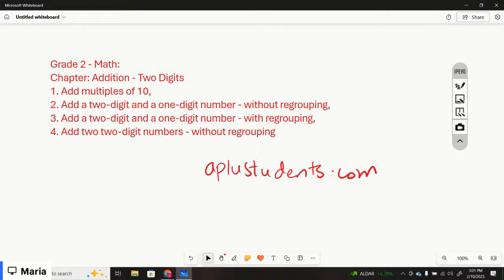Scroll down to grade 2 math and then click on view all lessons. There you can find a list of the chapters. We're going to start with the chapter addition two digits.